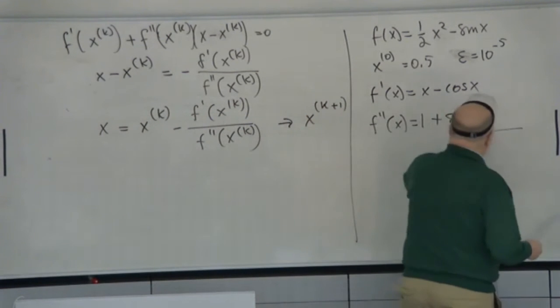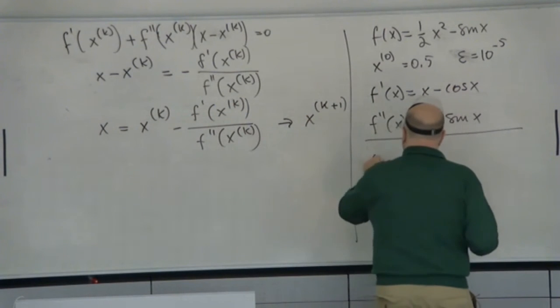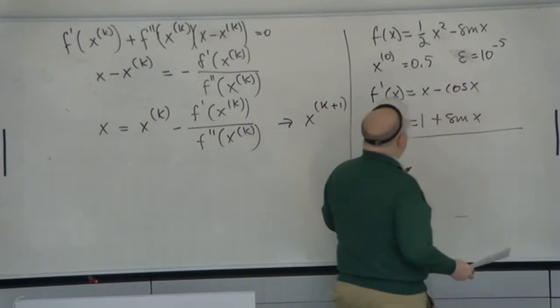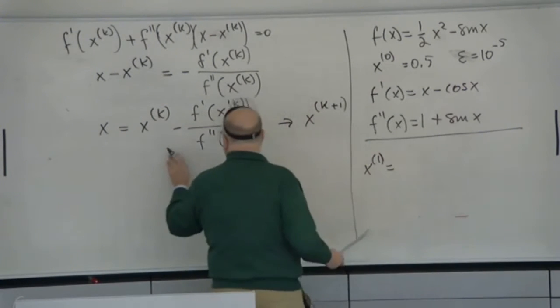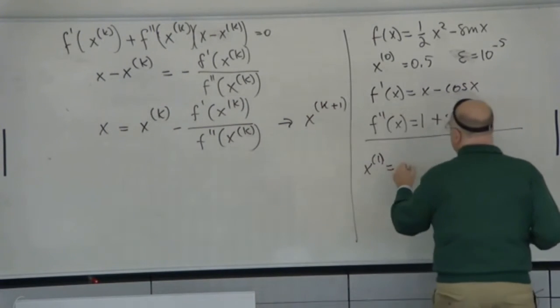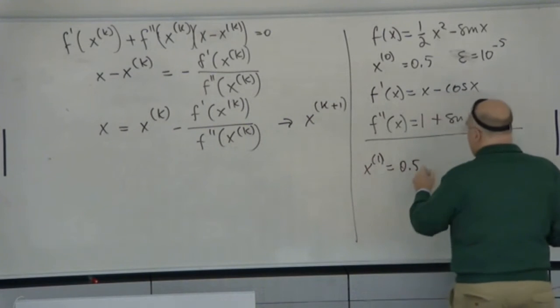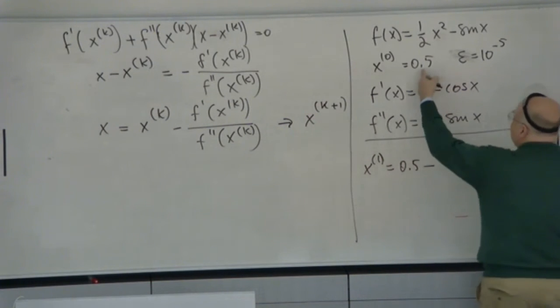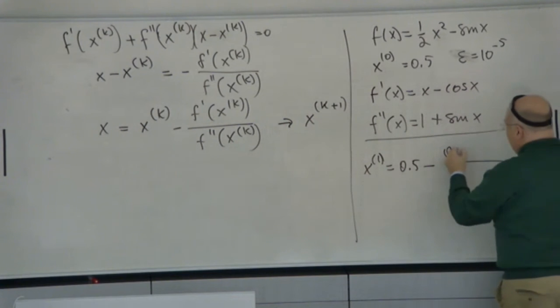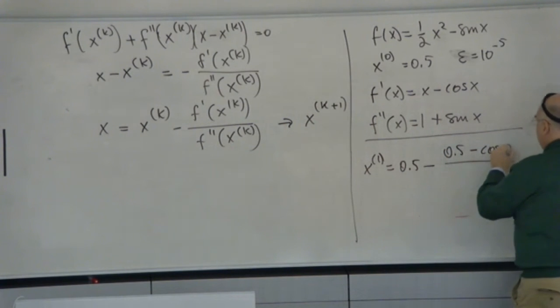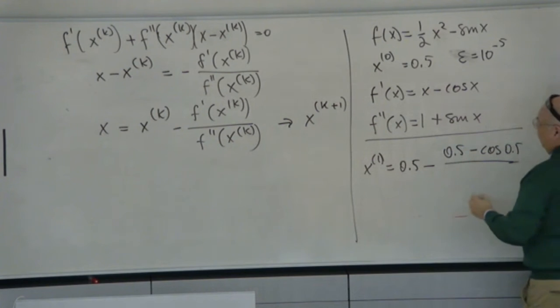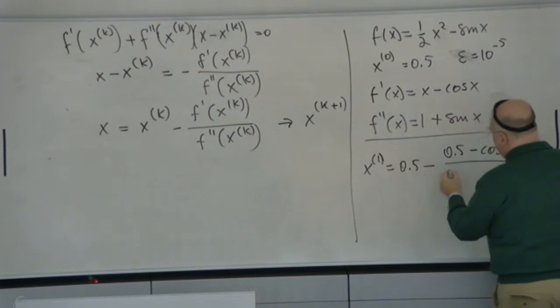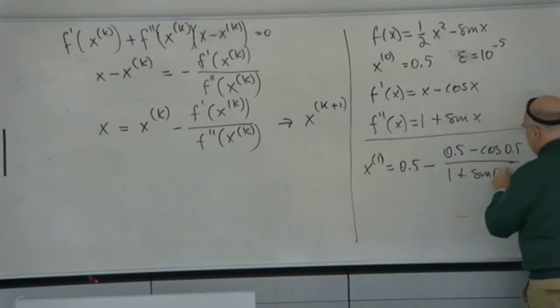So what is x1? Going with the formulas, x1 is x0, that is 0.5, minus f prime at xk. Xk is now x0, so it's 0.5 minus cosine of 0.5 over the second derivative, which is 1 plus sine of 0.5.